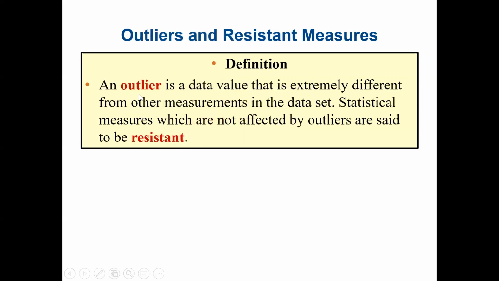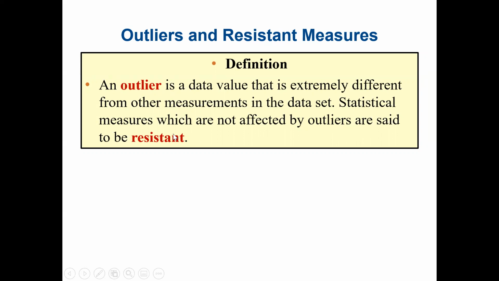Also, what are outliers and resistant measures? An outlier normally is an extremely low or high value compared to the majority of the values. So an outlier is a data value that is extremely different from other values in the data set. Either it will be very small or it will be very big.